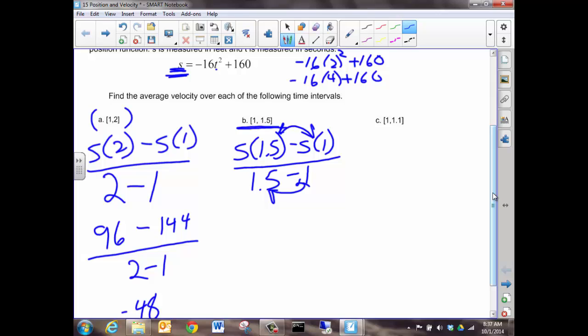Do you remember your slope formula is y2 minus y1 over x2 minus x1? And it doesn't matter which point is x1 and x2 as long as you keep them consistent. So what do we get for 1.5, anyone? 124. Okay. 124 minus 144 divided by 0.5 is negative, what is that, negative 40?